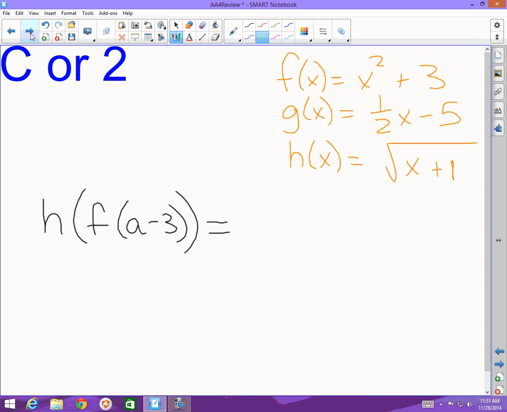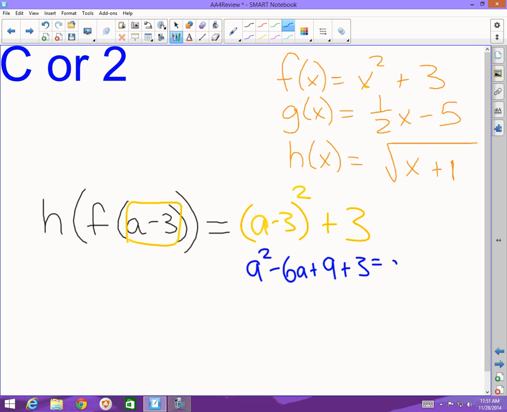Now then, if we look at this, h of f of a minus 3, so we have to do a minus 3 goes into our f function, so a minus 3 squared plus 3. And then if we simplify this, this becomes a squared minus 6a plus 9 plus 3, which is then a squared minus 6a plus 12.